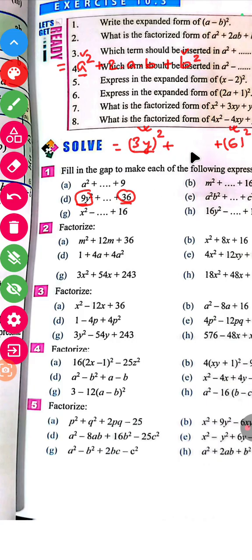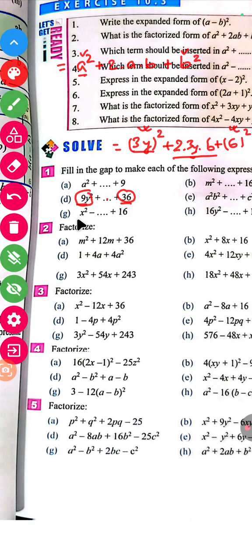So in between we can easily fill the gaps. We know a square plus 2ab, where a is 3y and b is 6. So the middle term we have got is 2 multiplied by 3y multiplied by 6. 2 threes are 6, 6 sixes are 36y. So we can fill the middle term over here.